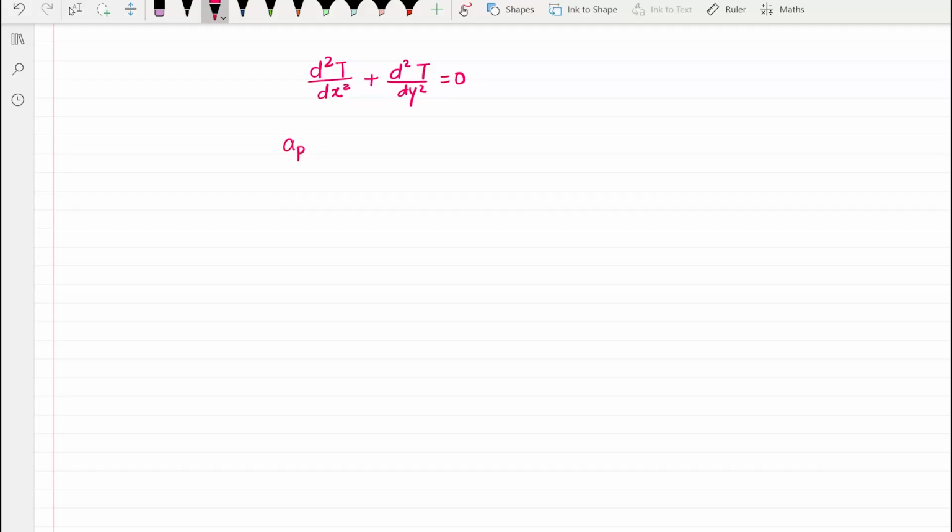So remember that our diffusion problem was something of this particular form, that we had d square T over dx square plus d square T over dy square, which is a 2D case, and this was equal to 0. So if we use a finite volume kind of methodology, we can write this particular equation in a very characteristic form that can be given as aP phi P, or in this case actually I would write as aP TP equals aE TE plus aW TW plus aN TN plus aS TS.